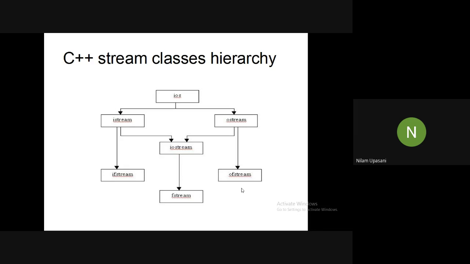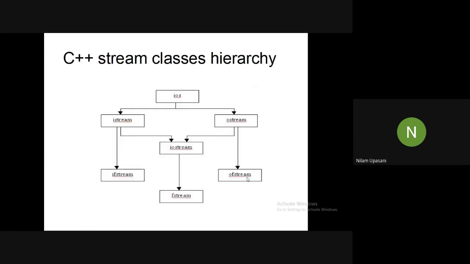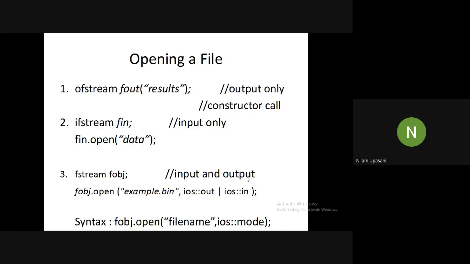But one important difference is that here cin and cout objects are readily available. These are predefined, whereas for file handling, we need to create objects on our own. So let us now discuss how to create objects of our own for file handling.